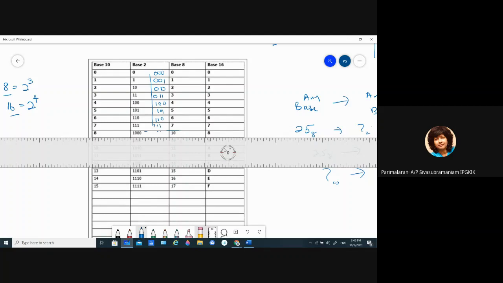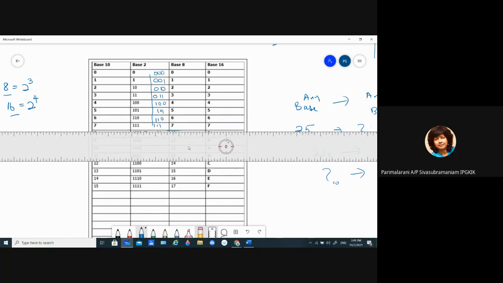The digits for base 8 can be written as any 3-digit base 2 number. Can you understand that? That means you can replace any digit in base 8 with a 3-digit binary number. Correct or not, according to this table?